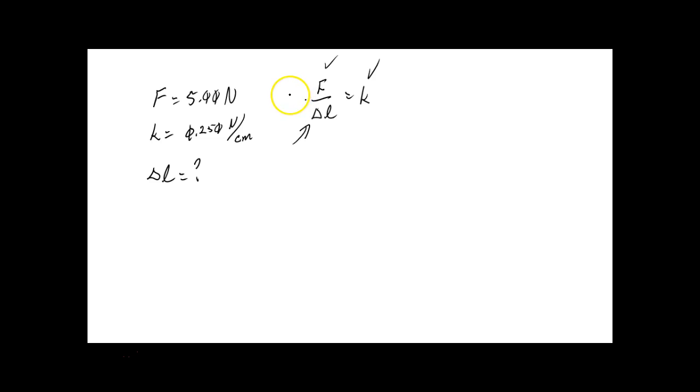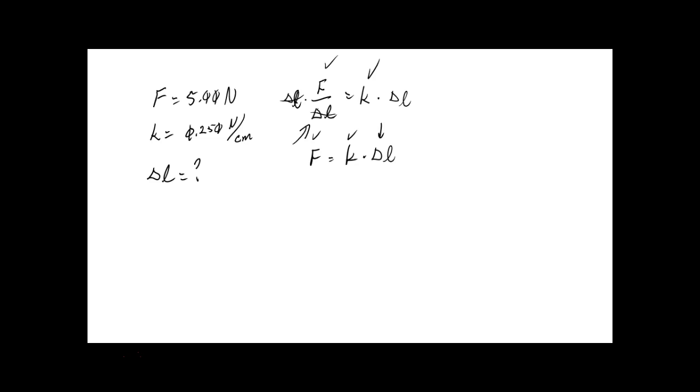Anybody? Multiply both sides. How do you undo division? You multiply. Now it wipes it off on this side, and it moves it over here. So now we have F is equal to K times delta L. We know this, we're looking for that. We want it by itself.